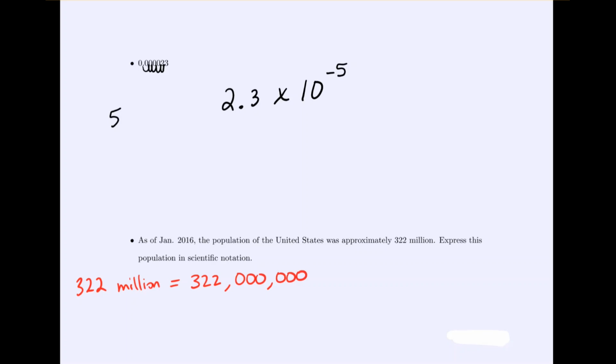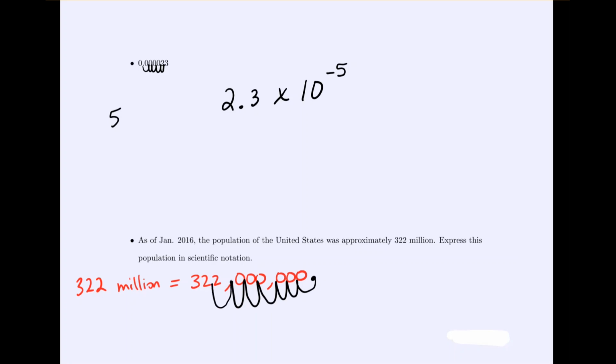Now to write this in scientific notation, you first find the decimal point. Remember, if one's not written, it's implied to be to the right of the farthest right digit. So we go all the way to the end of the value, and then we move over 1, 2, 3, 4, 5, 6. Again, we have to keep moving because that would just leave us with 322, and we need to be between 1 and 10.